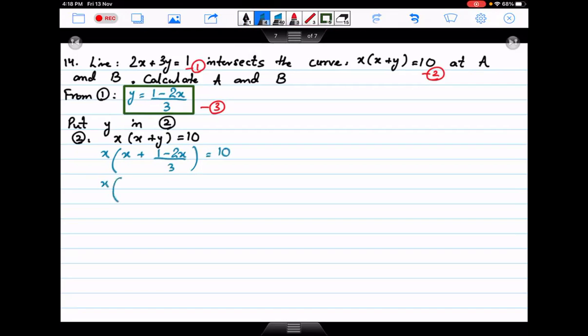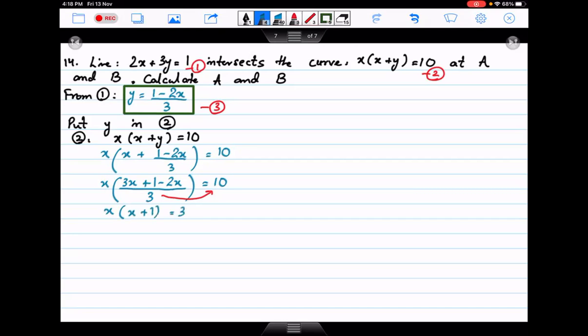Now taking the LCM. The LCM should be 3 here. 3 will be multiplied with x, and 1 minus 2x remains the same. So 3 will go there, and 3x minus 2x becomes x.